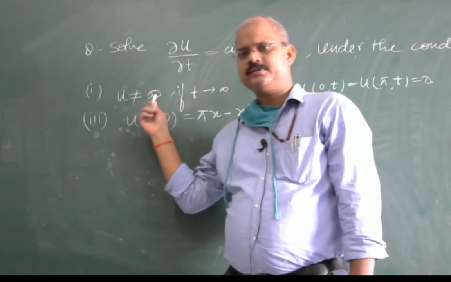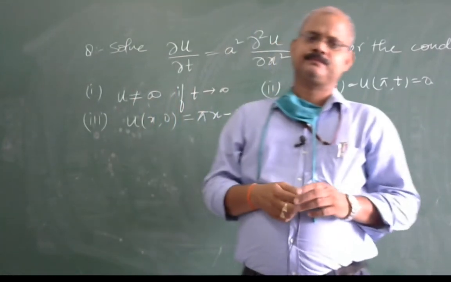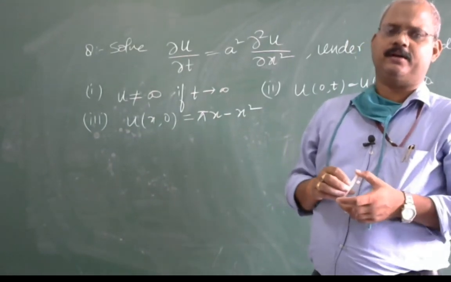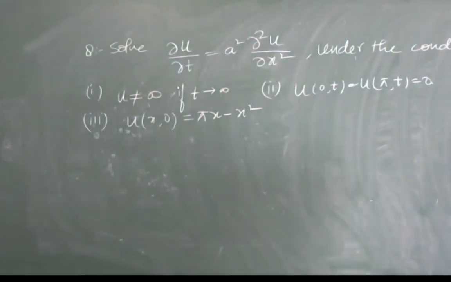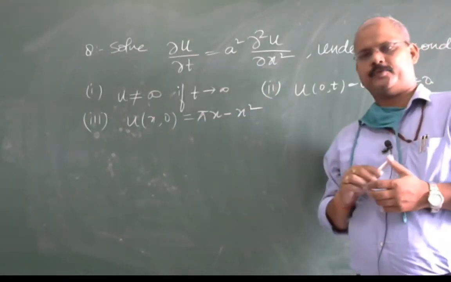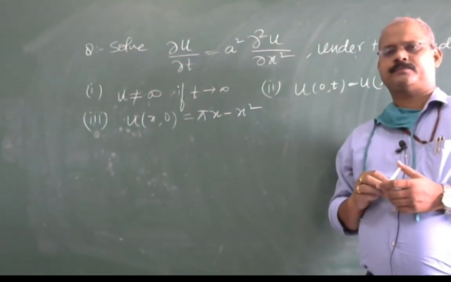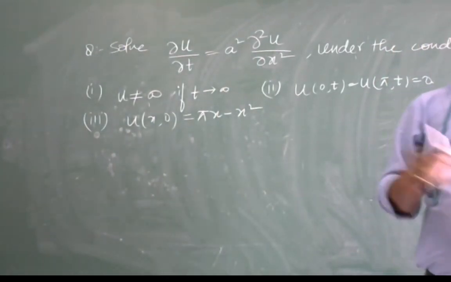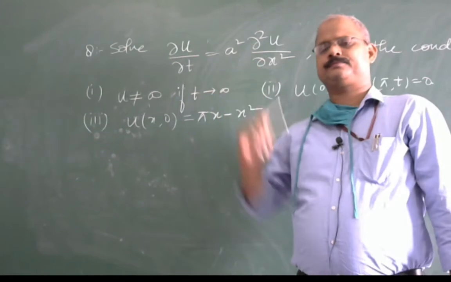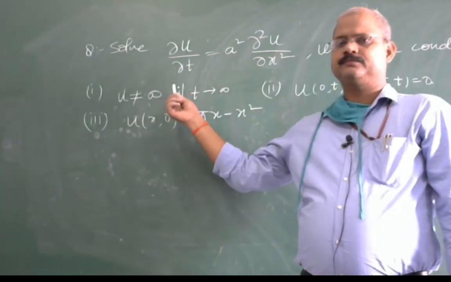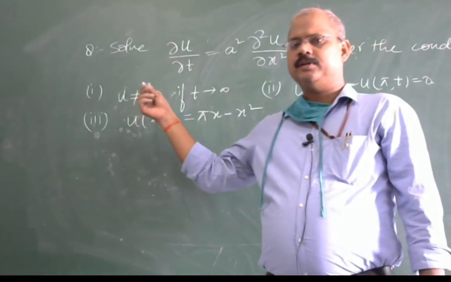This condition helps us to take a decision about the solution of the one-dimensional heat flow. It gives an idea about the solution. This is the additional condition given in the problem.